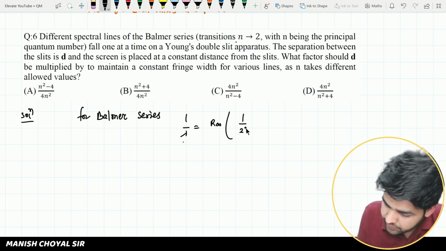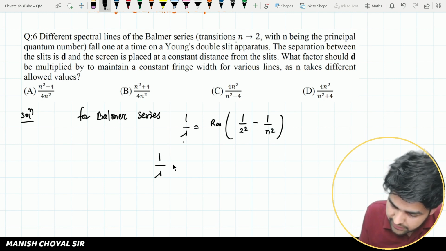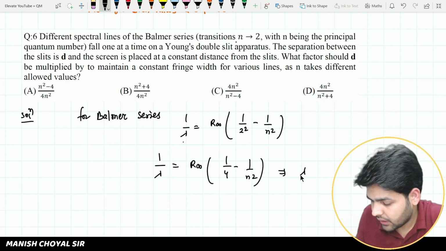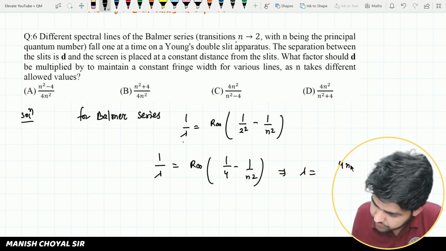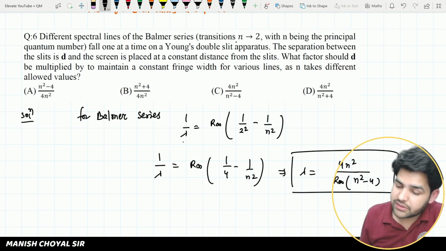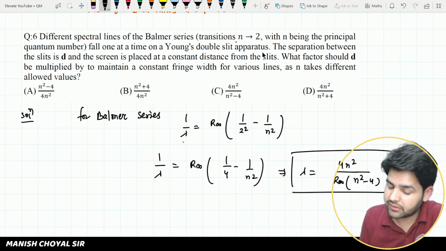1 upon 2 to the power 2 minus 1 upon n square. So 1 upon lambda equals R infinity (1 upon 4 minus 1 upon n square). So here lambda is 4n square divided by R infinity (n square minus 4). This is our lambda using the Balmer series. Now the spectral lines are falling on Young's double slit apparatus.